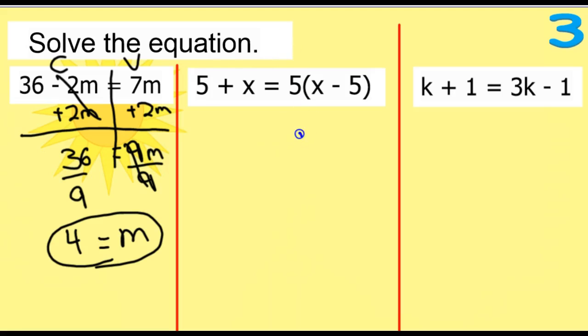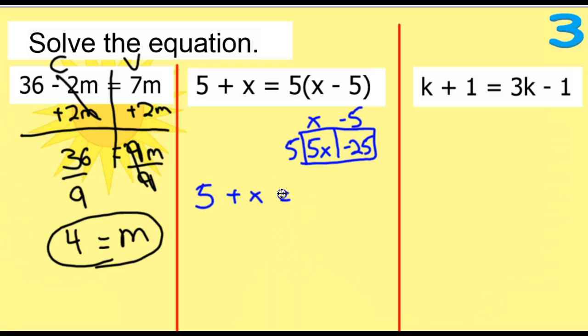Here again, we have to distribute first. So 5 times x minus 5. 5 times x is 5x. 5 times negative 5 is negative 25. So we have 5 plus x equals 5x minus 25.